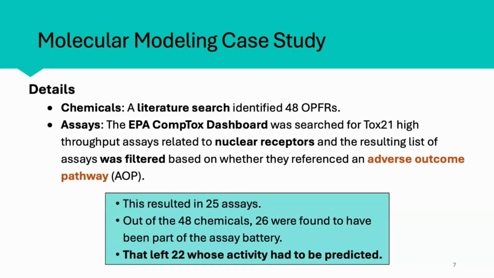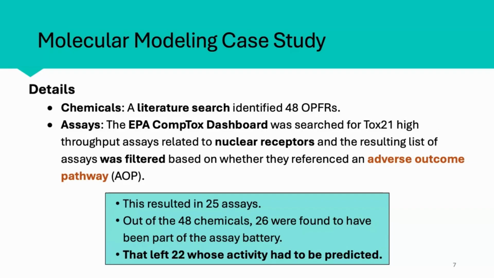Let's go into just a little bit more detail. They searched the literature broadly and identified 48 OPFRs. They then used the EPA CompTox dashboard to search for Tox21 high-throughput assays related to the nuclear receptors mentioned earlier. What they then did is they filtered those assays based on whether they referenced an adverse outcome pathway, or AOP.